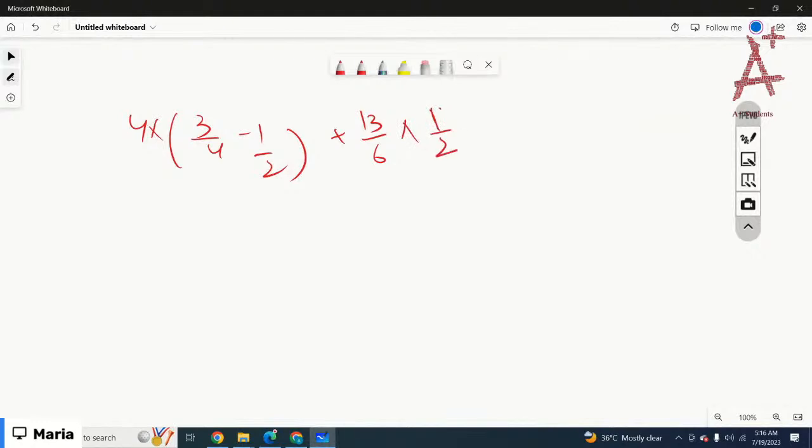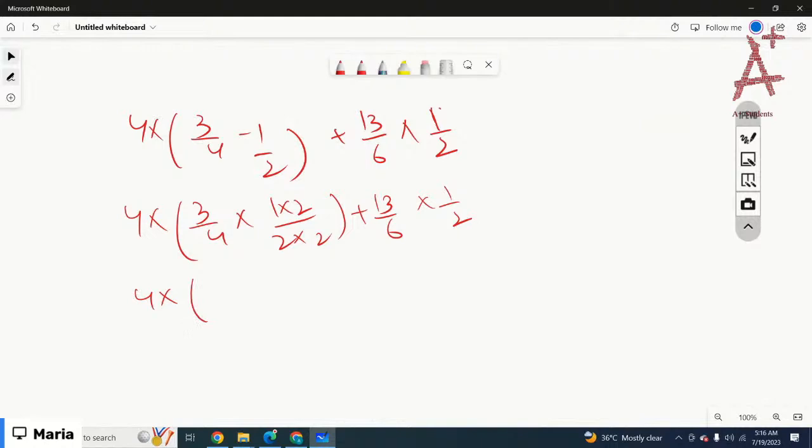Let's solve the bracket first. First, we have to make their denominators the same. No, no, no. You have to subtract them, not multiply.